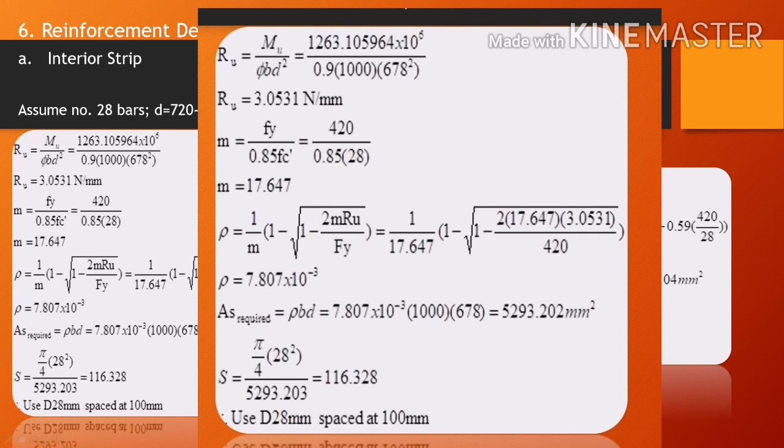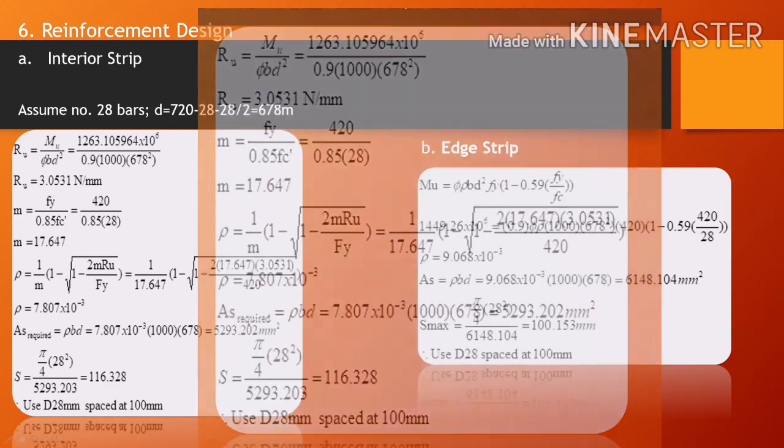After that, we solve for the required area, which is equal to 5293.202 millimeters squared. And then we solve for the spacing, which is equal to 116.328. For the interior strip, we will use D28 mm spaced at 100 millimeters.